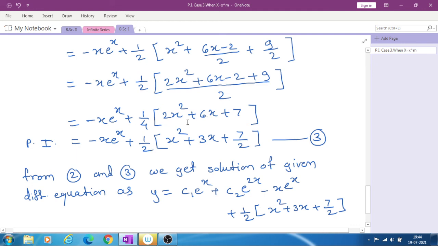Again we take common 2 and it becomes (x square plus 3x plus 7) upon 2. So this is our particular integral.